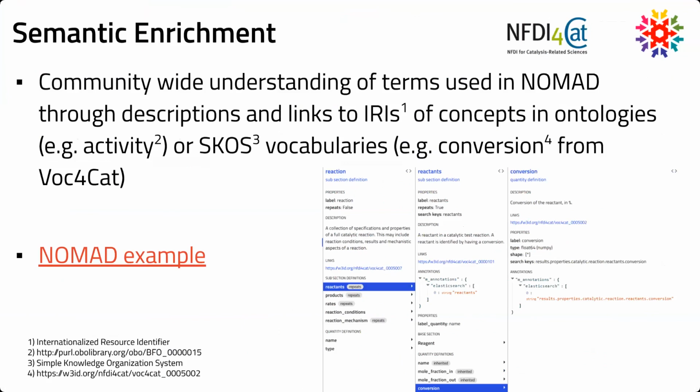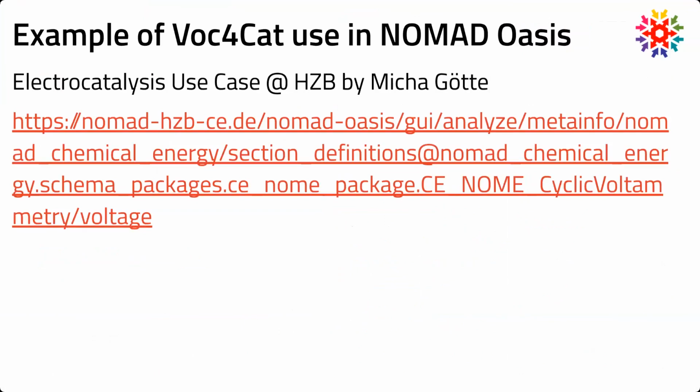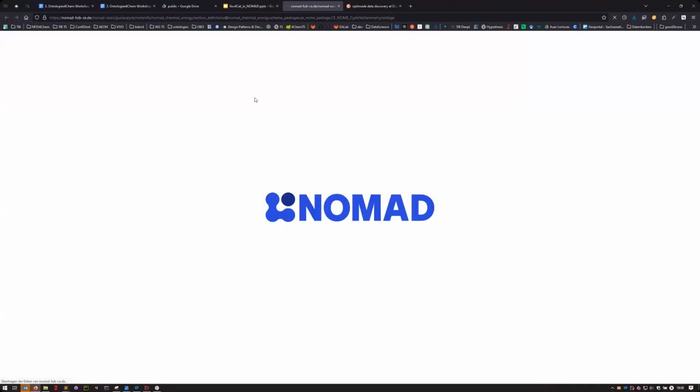On the next slide, this is the last one. If you could click the link, maybe it should work. It should lead you to a website of a Nomad Oasis, which is actually in production at the HZB. It should open the meta info browser directly.